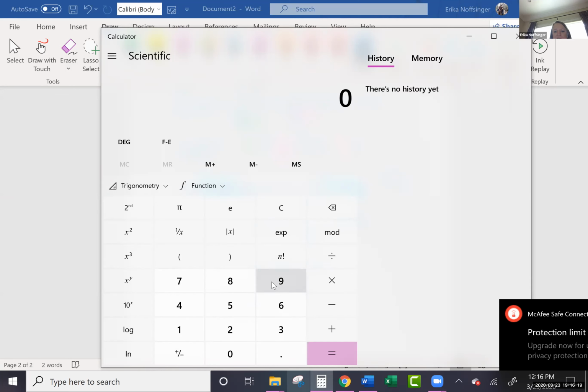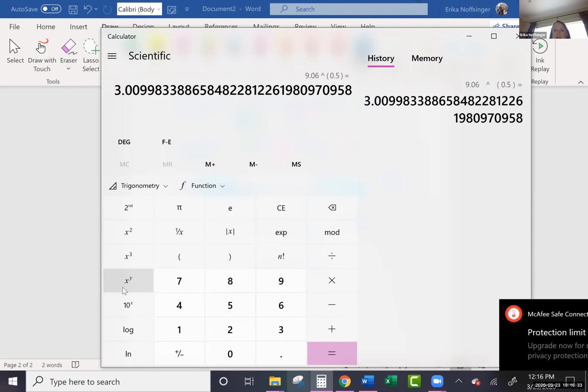I don't even see it. I use this calculator very often. So 9.06, I can raise it to the 0.5 power, same thing as 1/2. So I get 3.099833, and we said it was 3.01. So our estimation is really close.